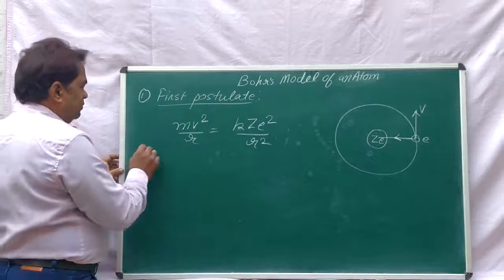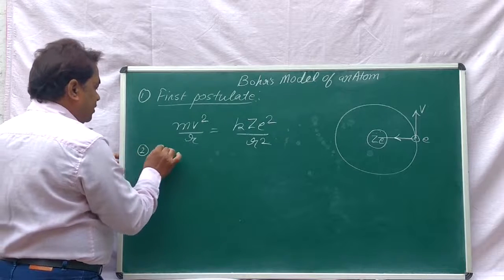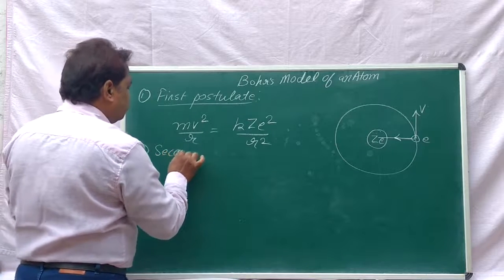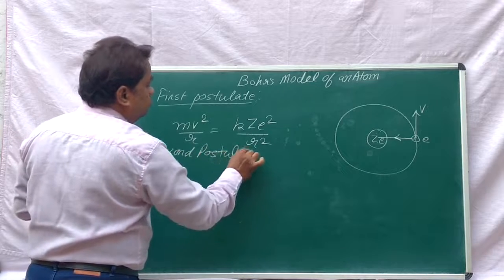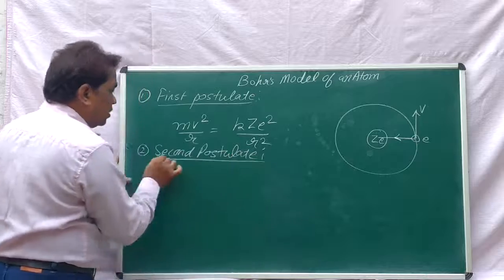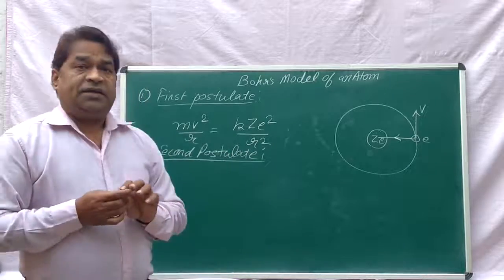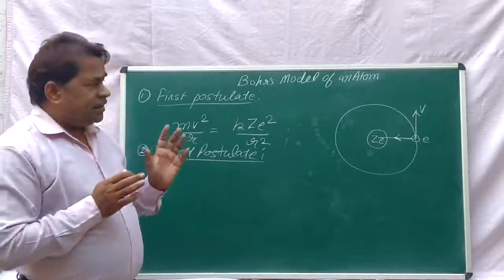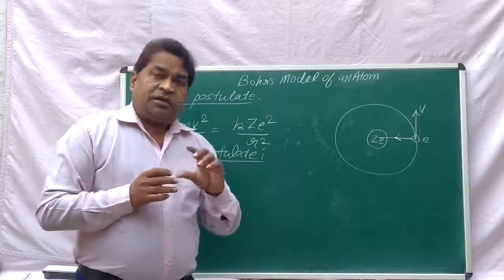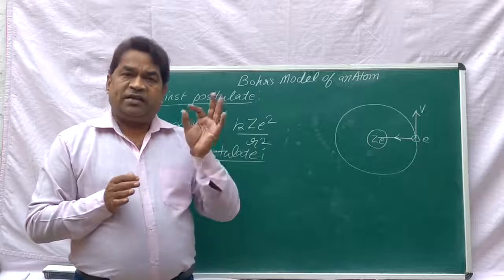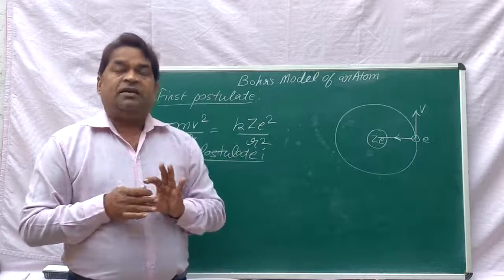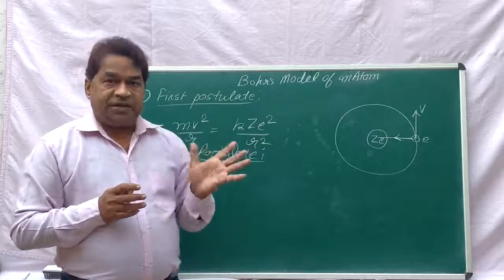Now the second postulate. In this postulate, he told that the negatively charged electrons revolve around the nucleus only in some discrete, specific orbits, where no energy is radiated.